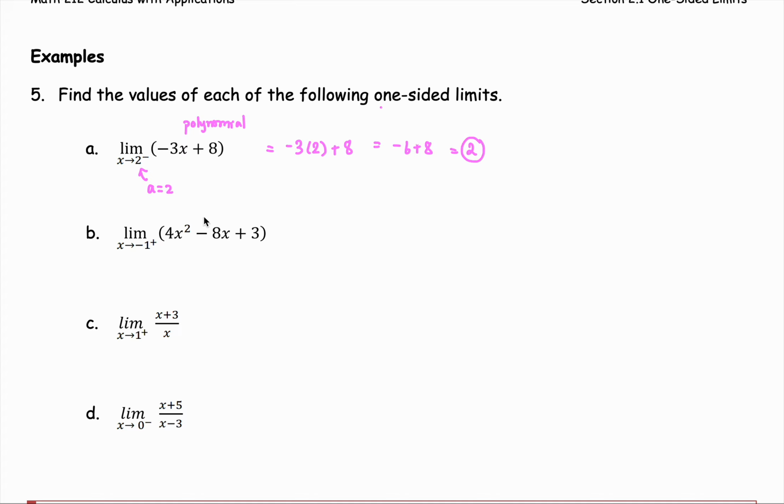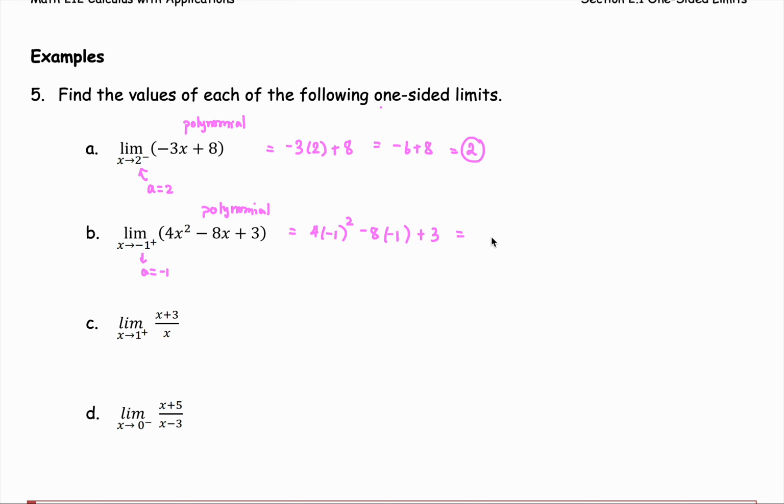In part B, we see another polynomial function. The a in this case is negative 1. We are finding the right-hand limit as x approaches negative 1. When we see x, we replace it with negative 1. Quantity to the power 2, minus 8 times the x, now replaced with the value a, which is negative 1, and then plus 3.